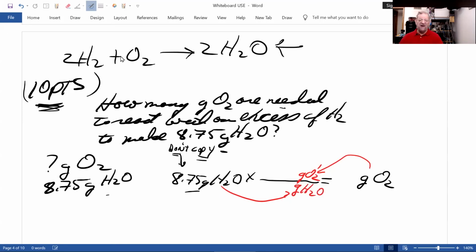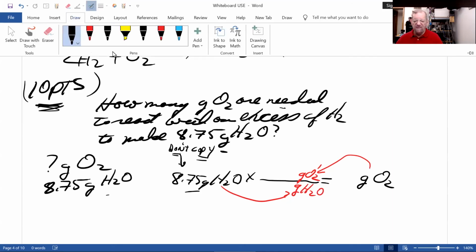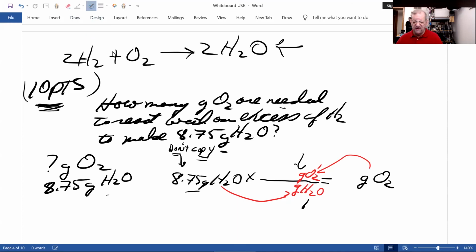Now I look around and find, where do I find a ratio of grams of oxygen to grams of water? And the answer is nowhere. I'm stuck. Where do I go on? Relax. Chemists found a way to do that, and let me show you.